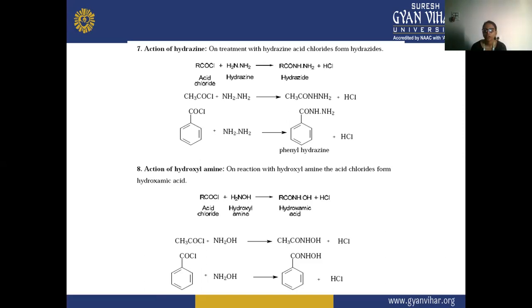Next is the action of hydroxylamine. Hydroxylamine is reacting with the acid chloride, and there is a formation of hydroxamic acid. The hydroxylamine has the formula NH2OH, so it has both functional groups, the amine NH2 and the hydroxyl OH.